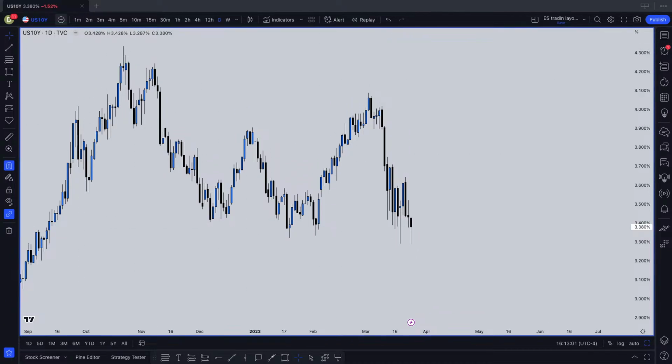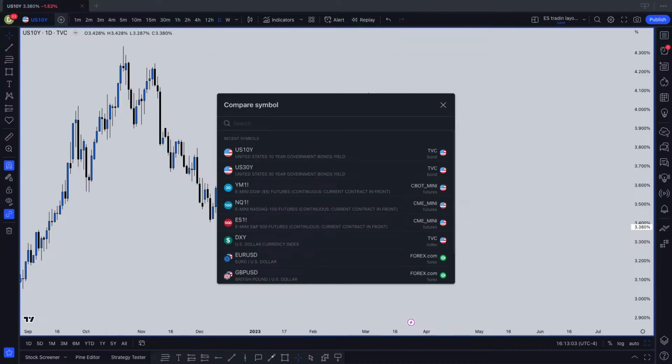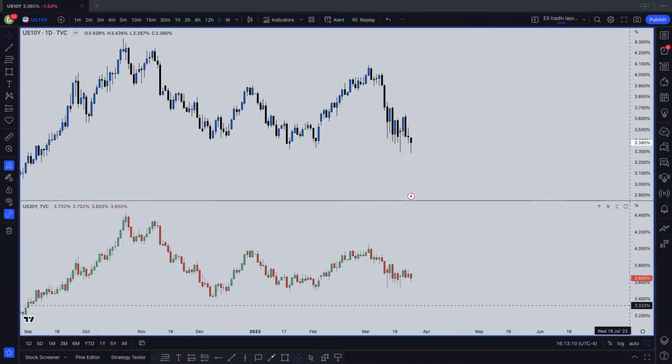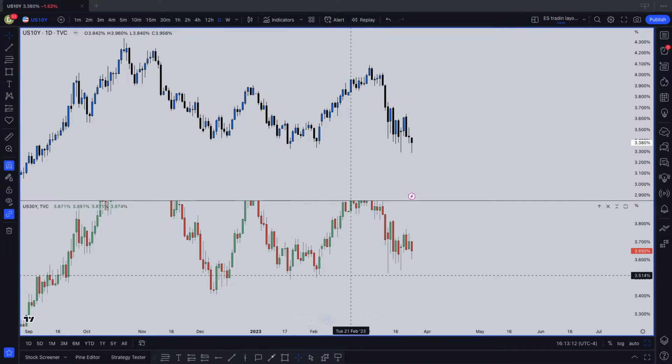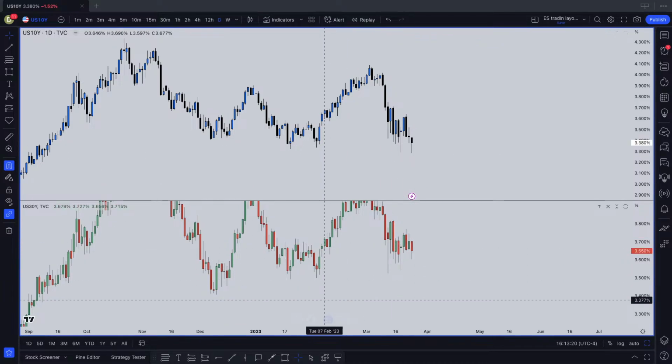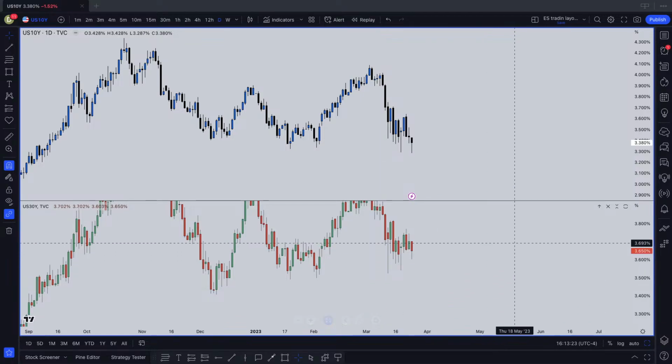Another confirmation of bullishness on the interest rate market is the 30-year yield SMT. Here we see that the 30-year yield was actually unable to get below these relative equal lows, or the low formed on Monday that the 10-year yield took out. So we're seeing critical SMT between the interest rates.